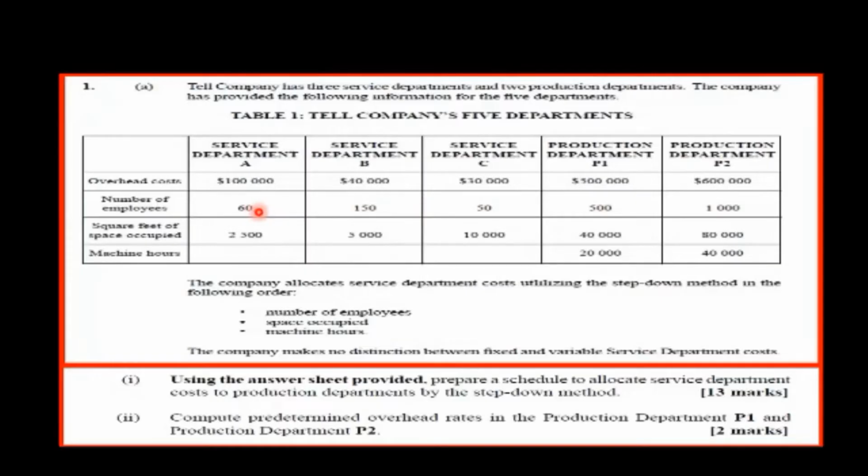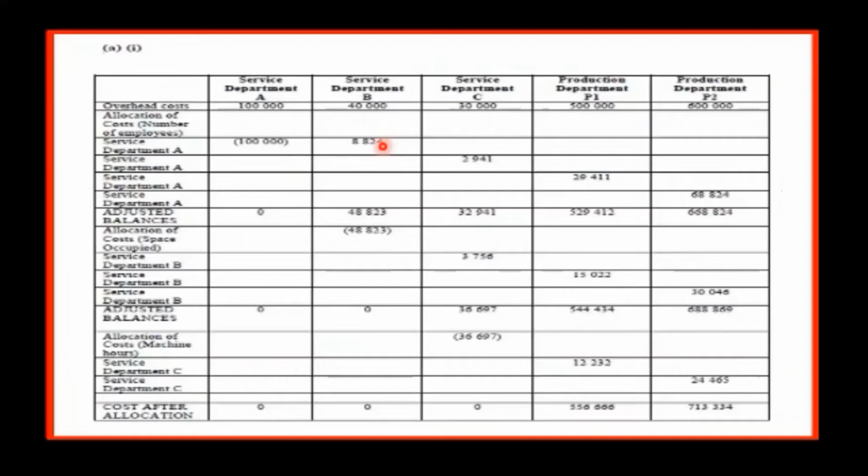Next we take the 60 and we put it over the 1,760 and multiply it by 100,000. That's how we got the 8,824 here.